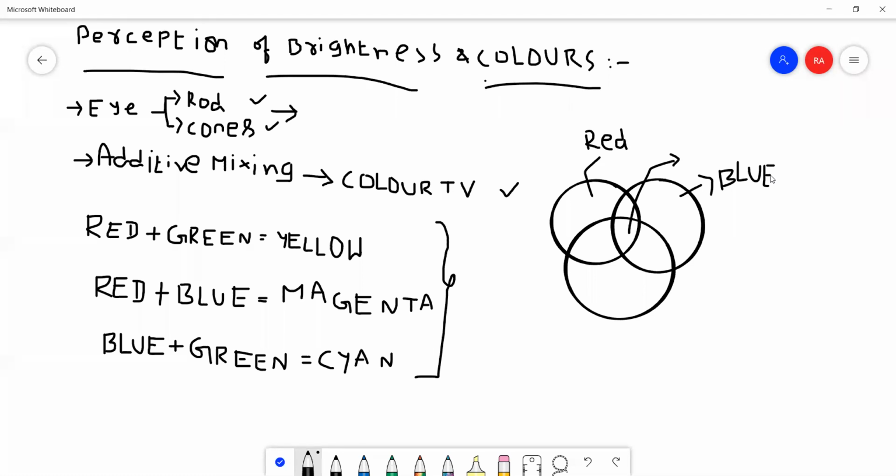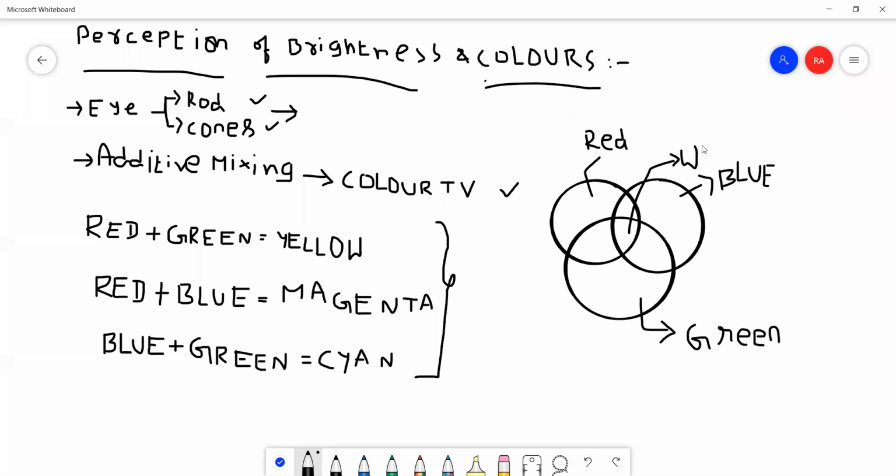This Venn diagram has been asked many times in previous papers. This circle is symbolically known as green. So red, blue, green. And this is the white. Simply, it is the union.